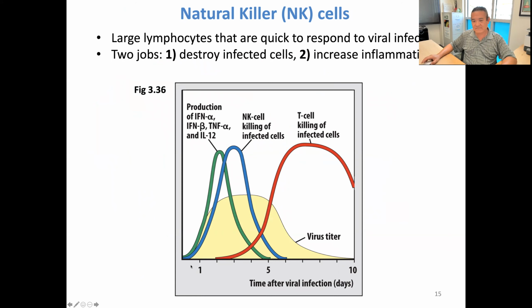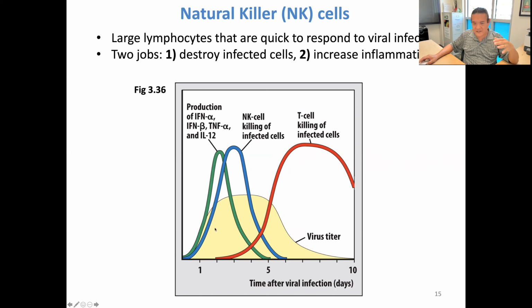In this data slide over here, it's a very stylized cartoon of a data slide. This is the time interval after infection, number of days. And you can see in green is the production of interferon alpha and beta, right?